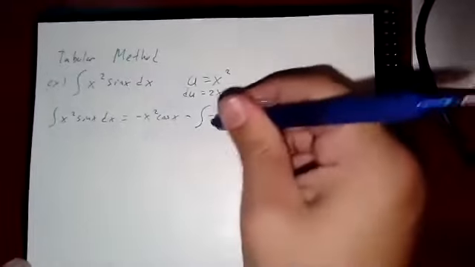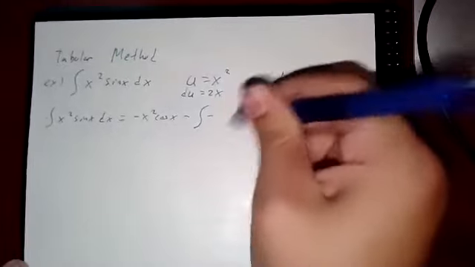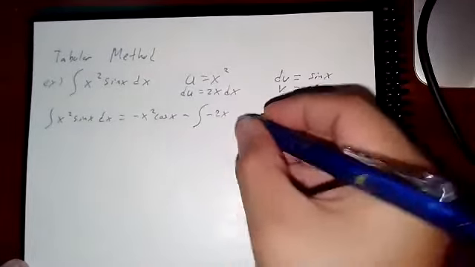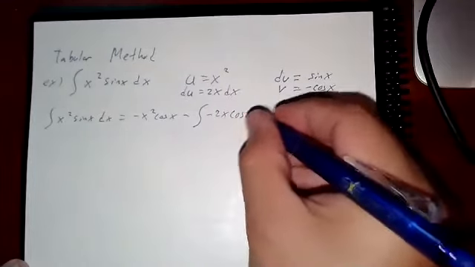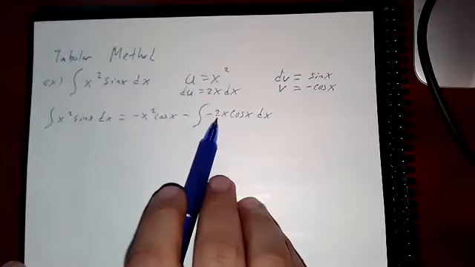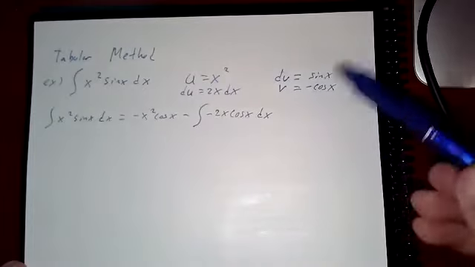I'll put the 2x in front. Forgot my dx. You see how we still have one x power left? So we're going to have to repeat this again.